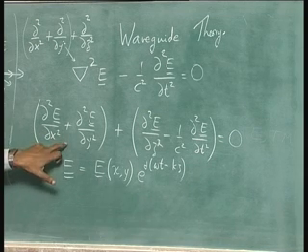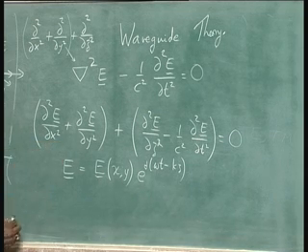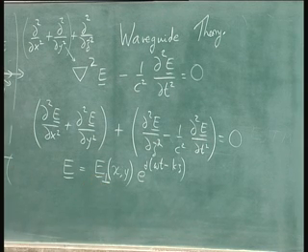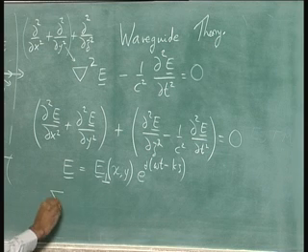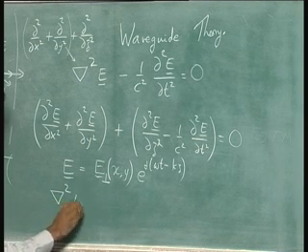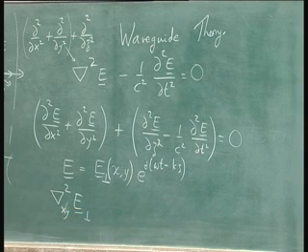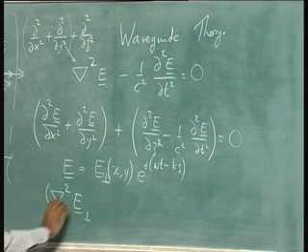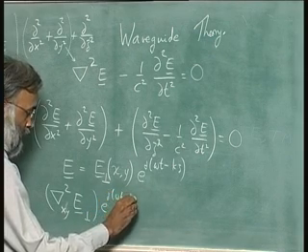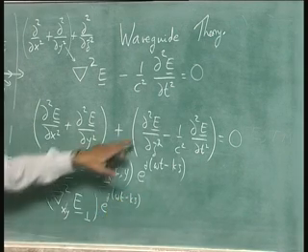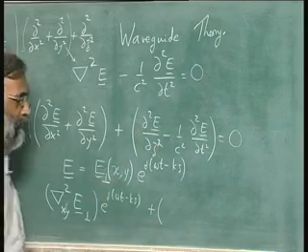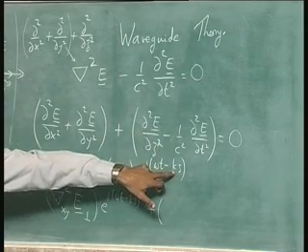If I substitute this in here, and I will call this E perp, I can write this as del squared xy acting on E perp multiplied by e to the j(ωt minus kz), plus the del z squared will act on kz.